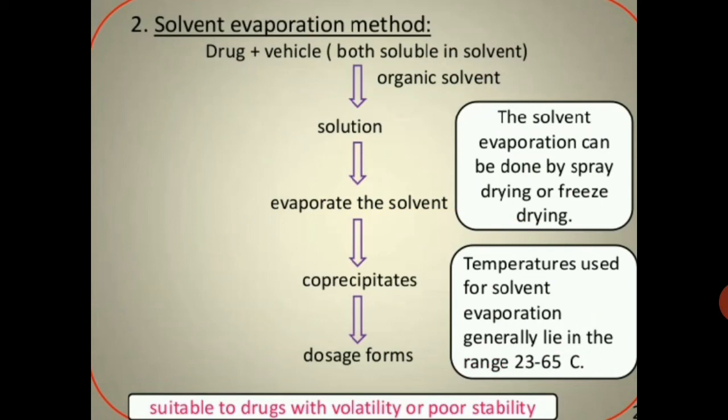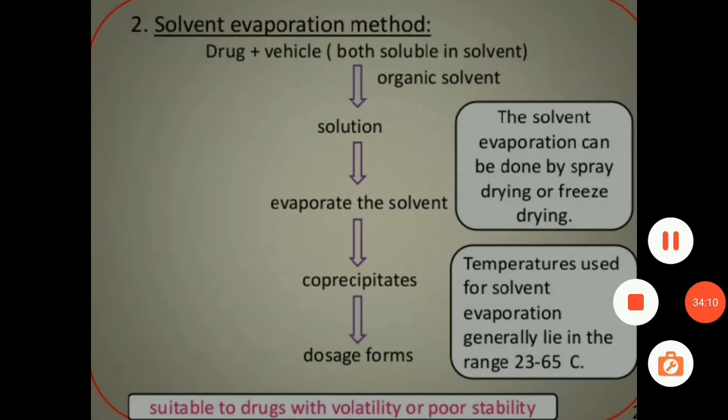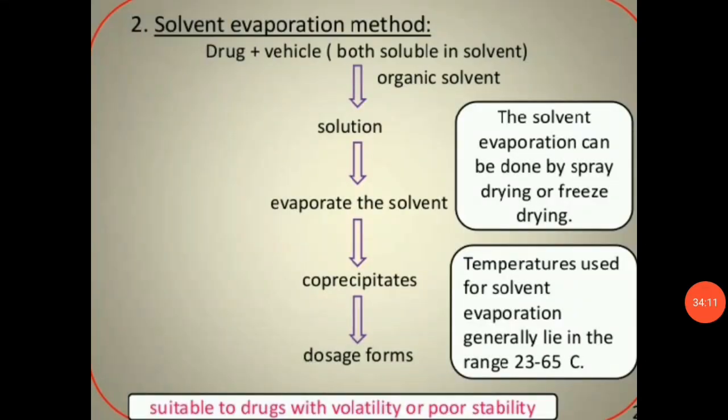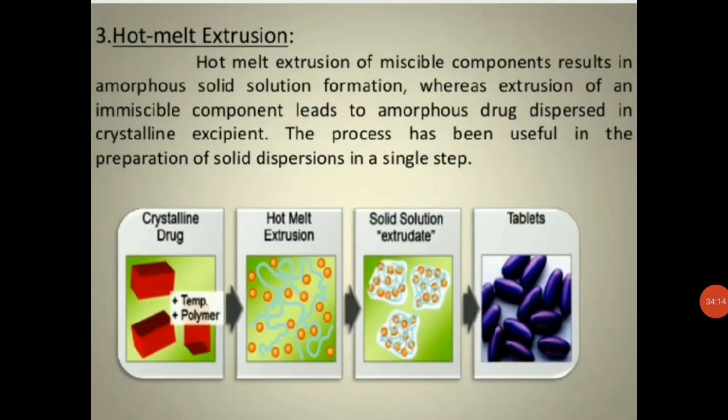Next is the solvent evaporation method. In this method, we take the drug and vehicles both soluble in a solvent. When we add the organic solvent, it forms a solution, and after that the solvent evaporates and it co-precipitates.